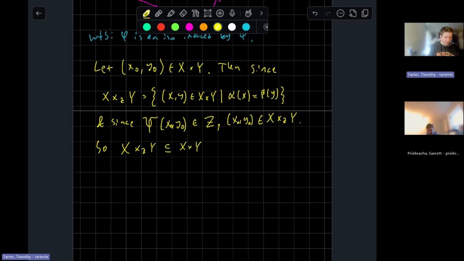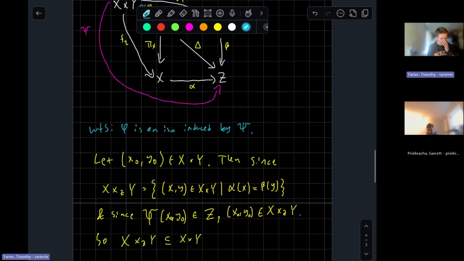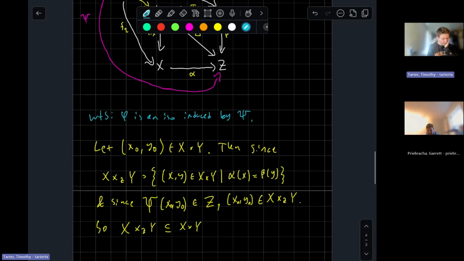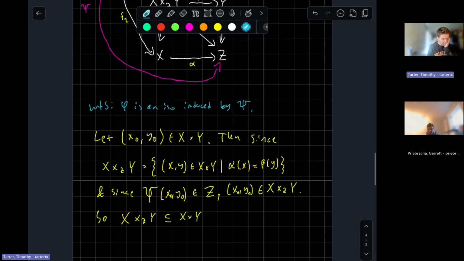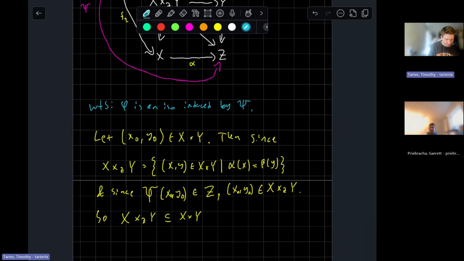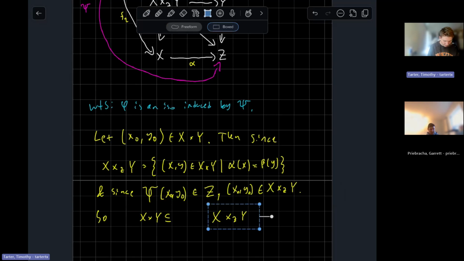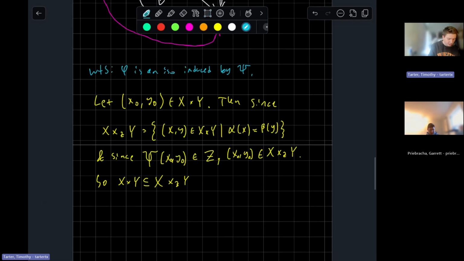Now we need to show the other direction, which is that the product is contained in the fibered product. No, we just showed that it's the other way around. We just showed that the product is contained in the fibered product. And the other conclusion of this is that phi is injective.